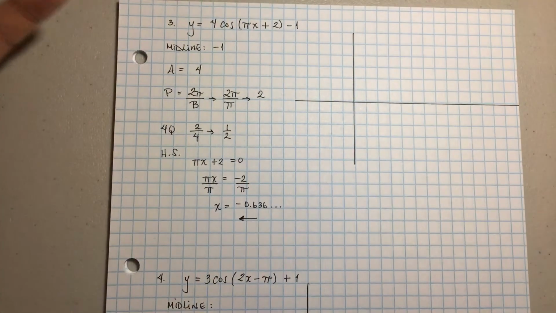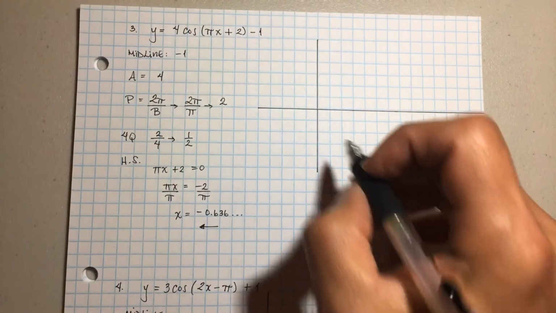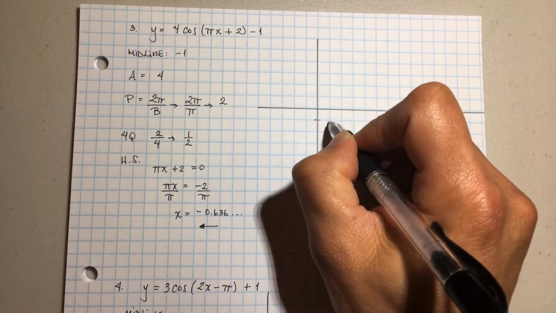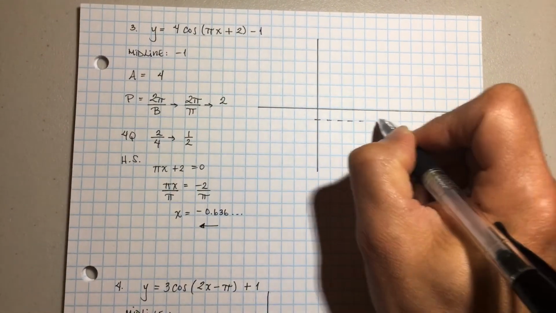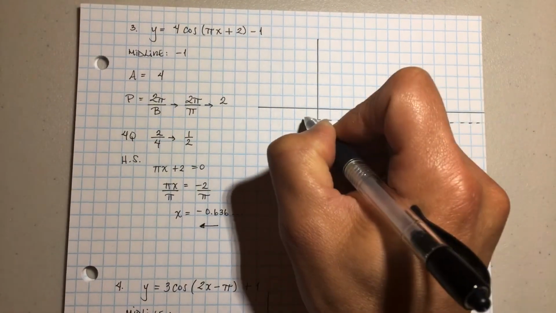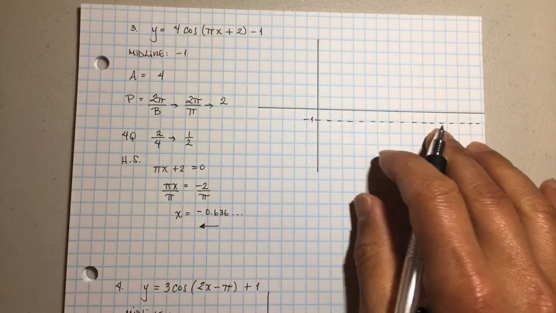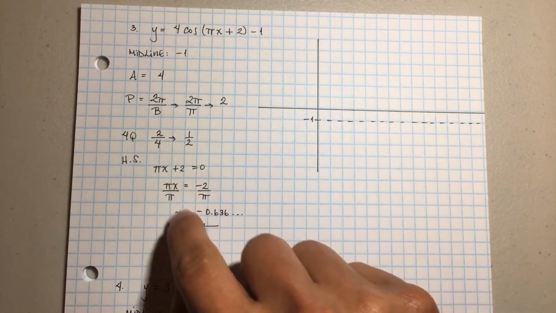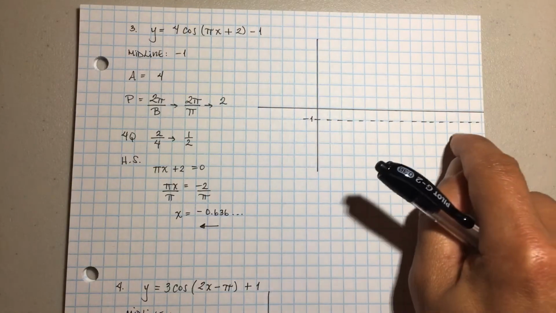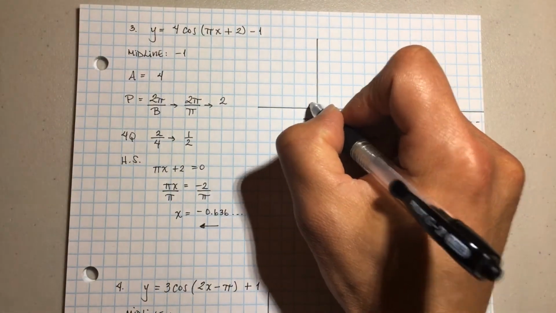Great. So now let's go ahead and start graphing it. So our midline is -1. It's right here. So -1. Make our new midline. Okay, -1. Okay. Let's do our 4 sections. So each one, okay, by the time I get over here, I should end up at 2. So here is 0.